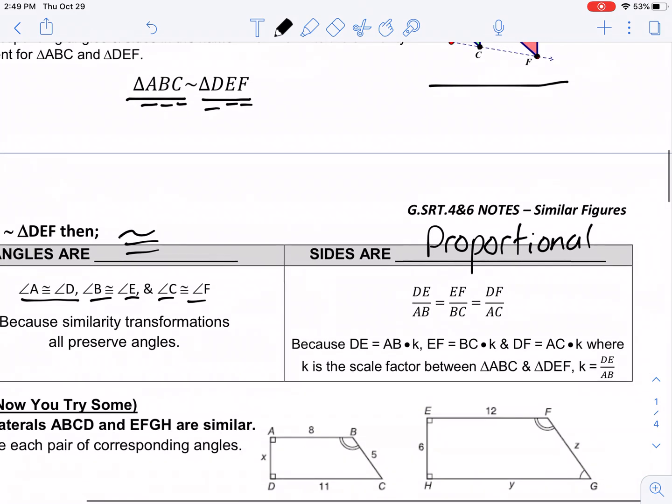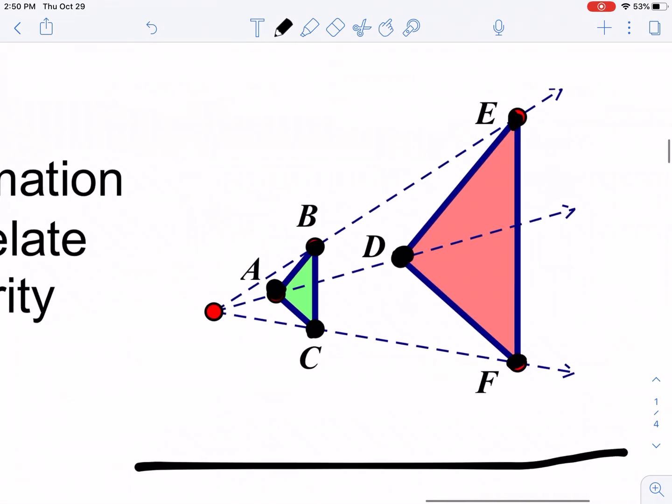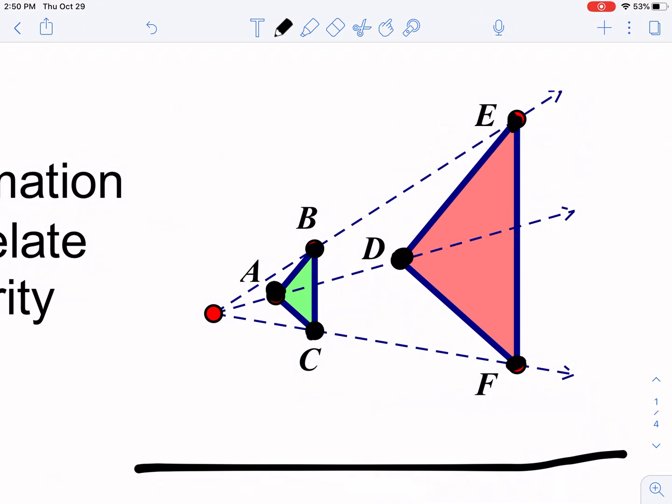However, when we're talking about the sides being proportional, what we're saying is if we were to take the sides, maybe in this case writing the larger side to the smaller side as a ratio, the ratios between corresponding sides would be exactly the same. Just like when we did a dilation, all that's happening here is the corresponding parts are being multiplied by some scale factor to get to the other side.